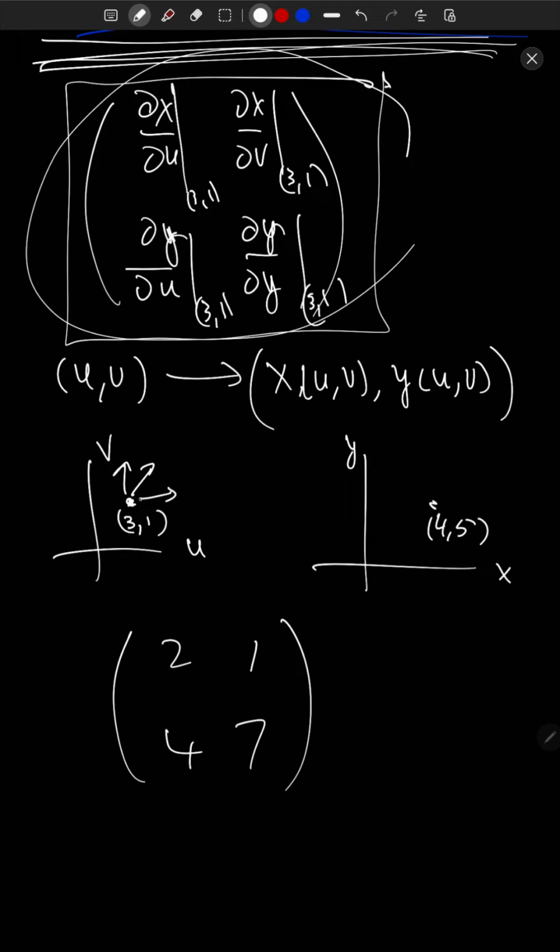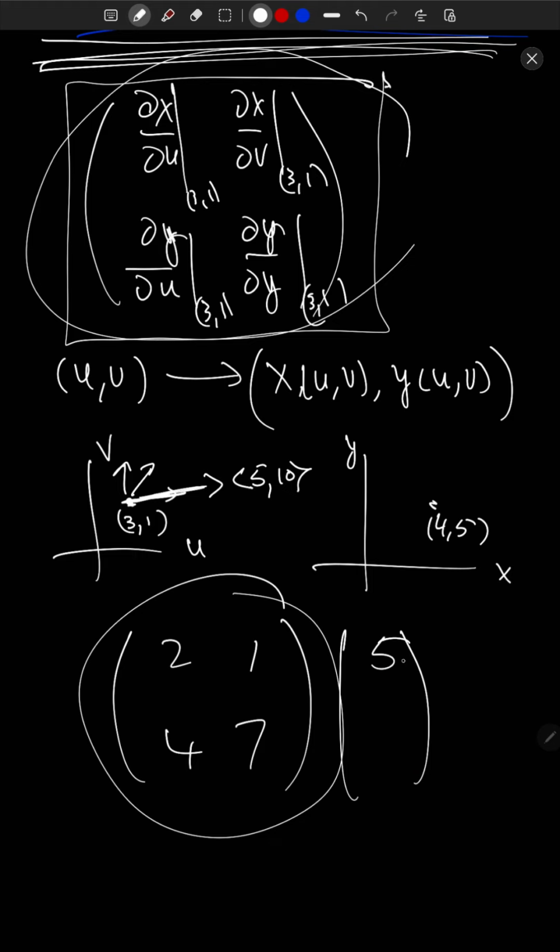Well, if I take a vector here in the UV plane, let's say the vector (5, 10), and then I apply this matrix to (5, 10), I'm going to get a vector which lives on this side at (4, 5), with its tail at (4, 5), and the vector itself, when I do this matrix multiplication, it's going to be 10, 20 here, 20, 70, 90 here, right? It's going to be a vector that looks perhaps something like that, right?